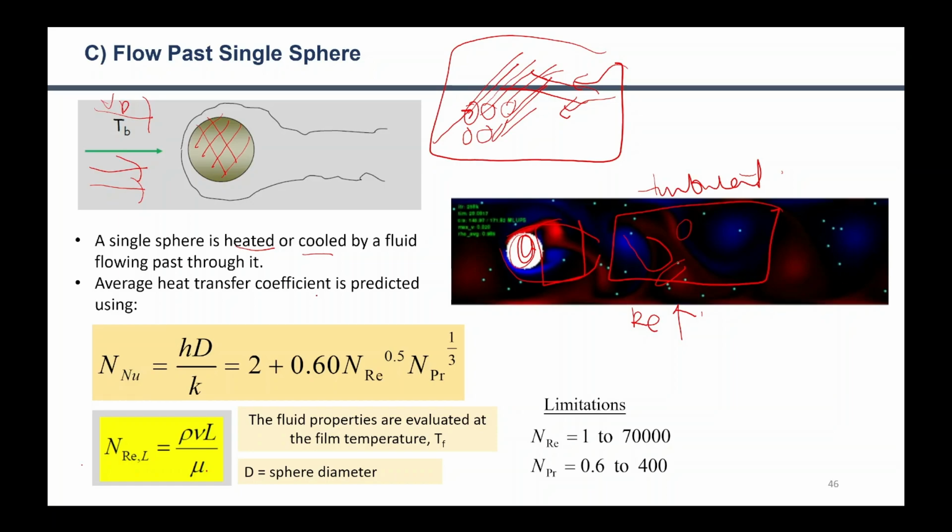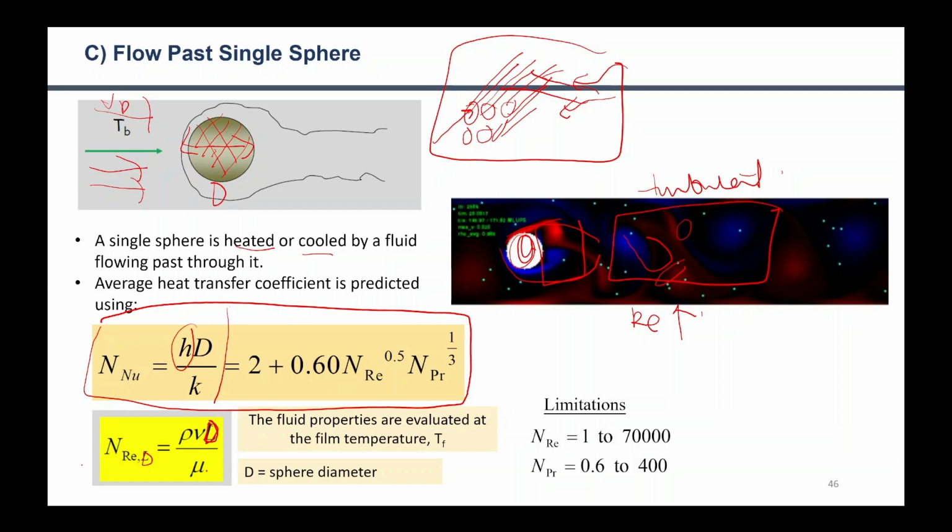So the average heat transfer coefficient, h, can be predicted by using this equation. The Reynolds number is no longer based on L but on D, because the characteristic dimension of the sphere is the diameter. To calculate the Reynolds number, it is equal to rho V multiplied by D divided by mu.